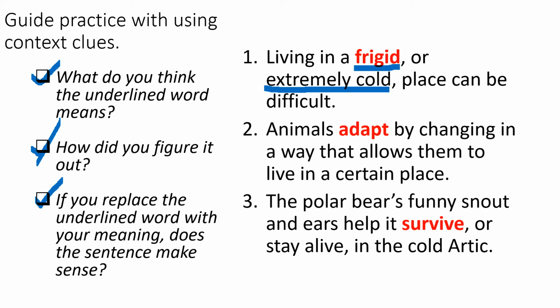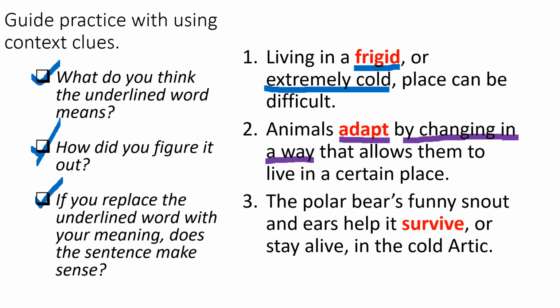Let's look at sentence 2. Animals adapt by changing in a way that allows them to live in a certain place. Let me think what the underlined word means. I'm looking around the word and I see a phrase that says, by changing in a way.